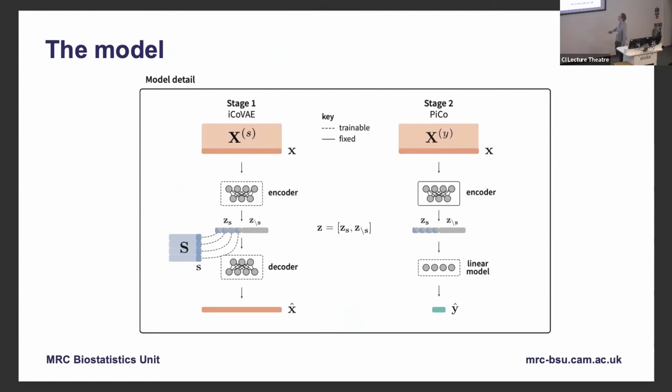The model is done in two stages. In the first model, which Dom called an interpretable constrained variational autoencoder, we have our RNA-seq data from all the cell lines, and we fit an encoder. So we come up with a latent representation. Now, the trick is that the latent representation is split in two parts.